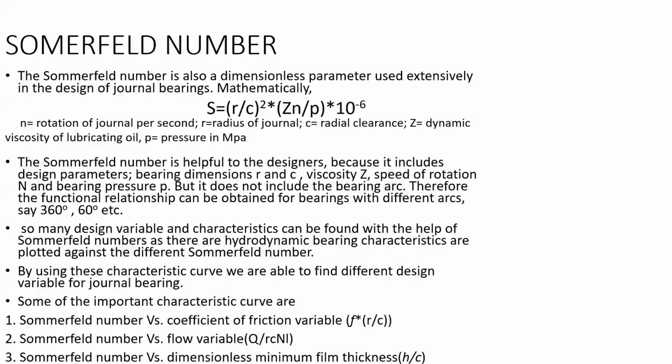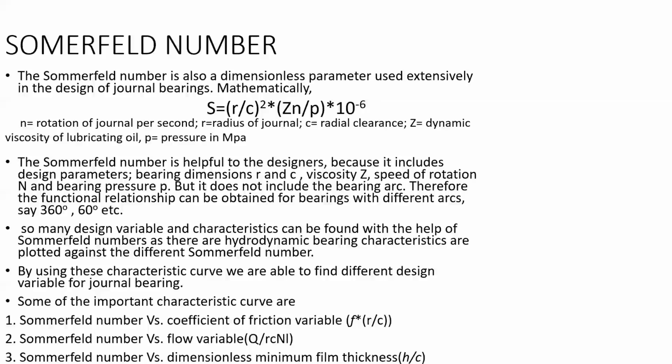So this Sommerfeld number is very helpful for the designer when designing the journal bearing, because it includes the design parameters. And what are the design parameters? First thing is the dimension of the bearing.